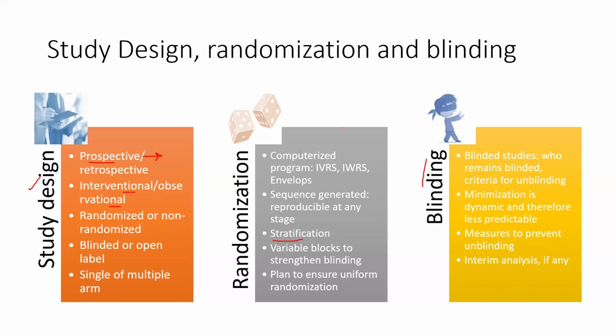Not only that, you also tell them that if something goes wrong, suppose there is a major side effect, how you can unblind, what is the procedure of unblinding, and not only that, how you will prevent unblinding. So what are the operational procedures, processes you have to follow so that nothing goes unblind.